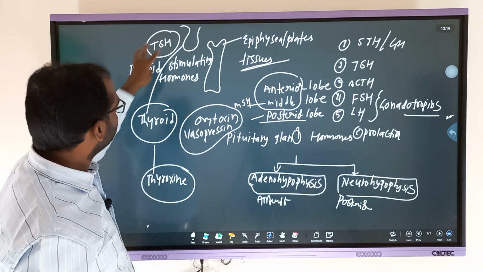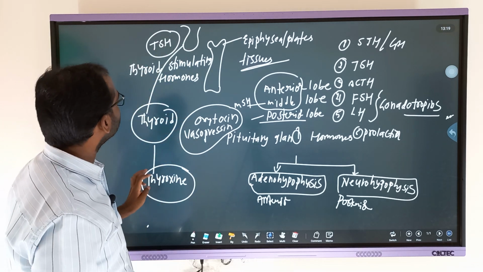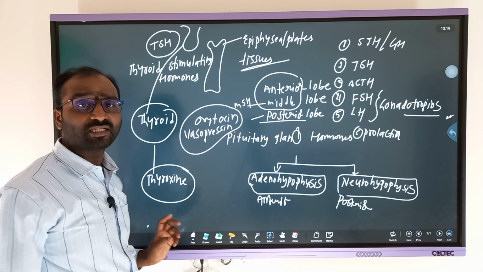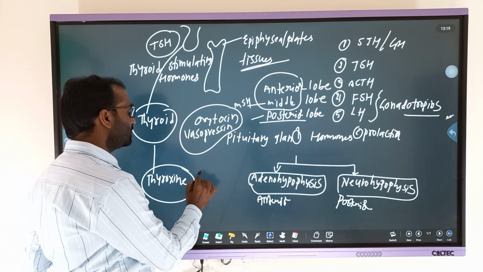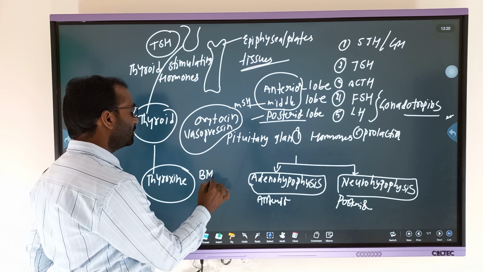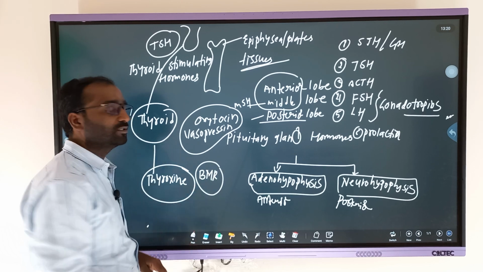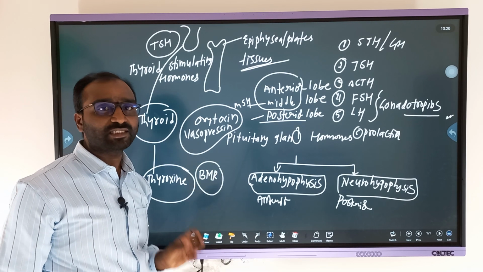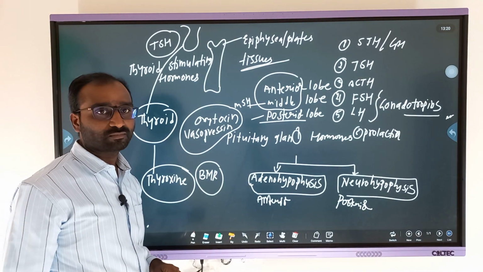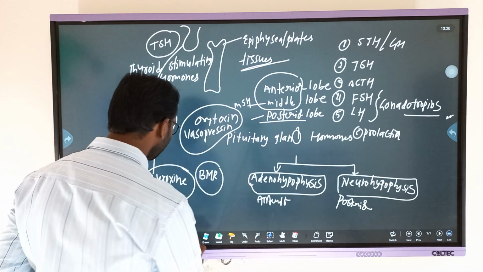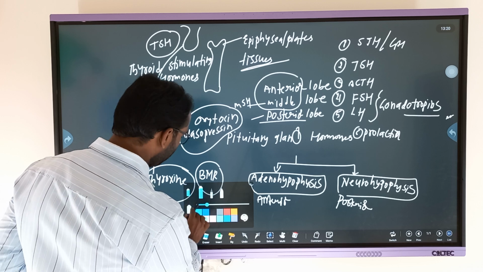TSH. That TSH stimulates the thyroid gland. Then the thyroid gland releases what? Thyroxine. This thyroxine is responsible for controlling the BMR. The basal metabolic rate is controlled by the thyroxine hormone. Am I clear? Right?